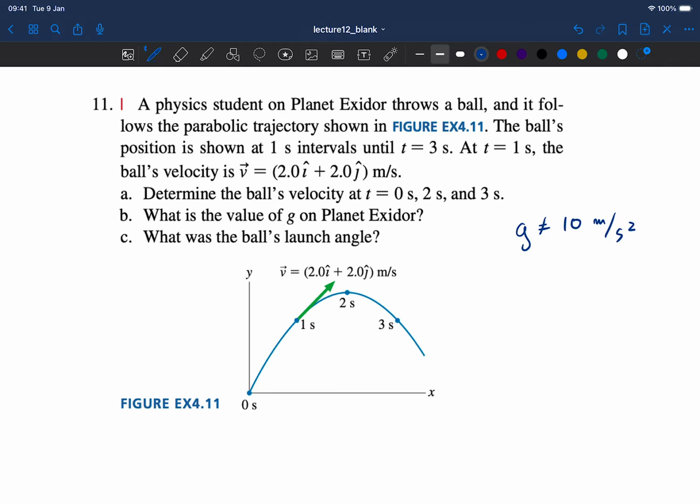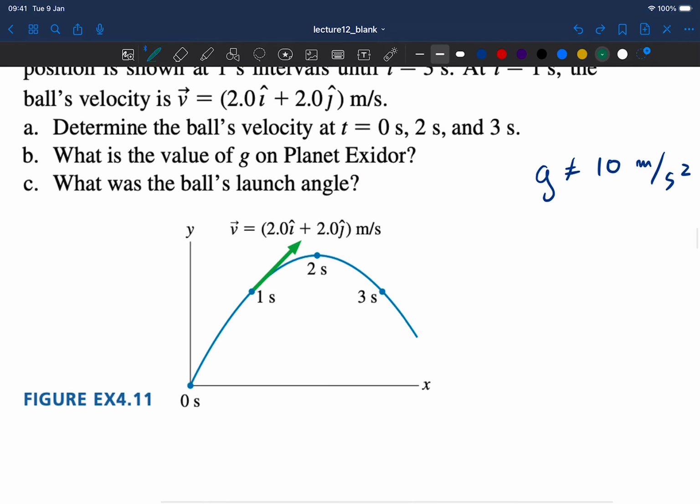So let's see. You have the trajectory here. At 0 seconds is when you launch it. 1 second is here. 2 seconds is here, which reaches the highest point. So at 2 seconds, the velocity will only point horizontally.